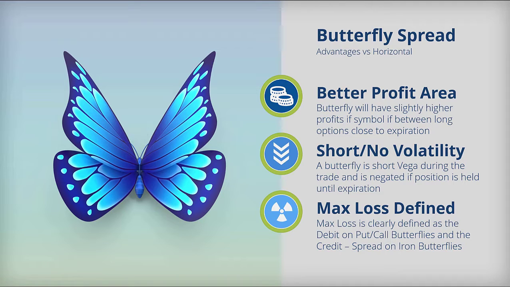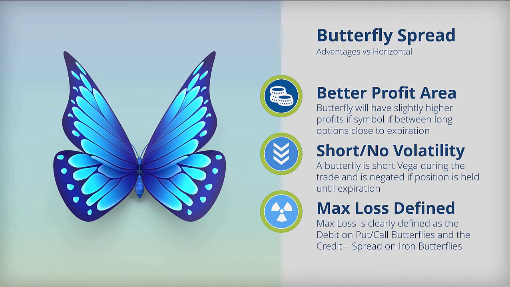Another great thing about the butterfly is its max loss is clearly defined, meaning you can take a look at a risk graph and you know to the penny exactly what's going to happen. Like if you do a 140, 150, 160 butterfly, you know that at 139, you know exactly what your loss is.